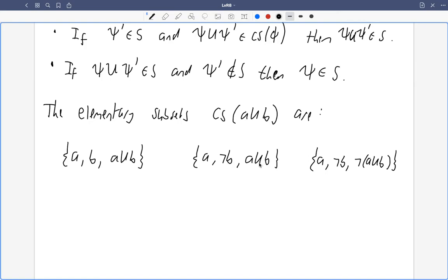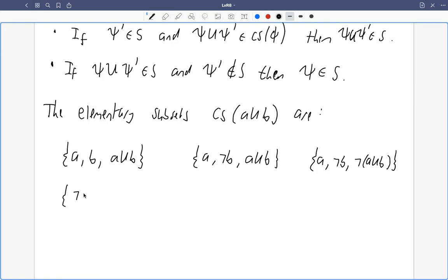The point is that this condition gave us that if we have A until B and we also have not B, then we're forced to have A. So we're not going to have A until B, not B, and not A, for example. That will not occur.